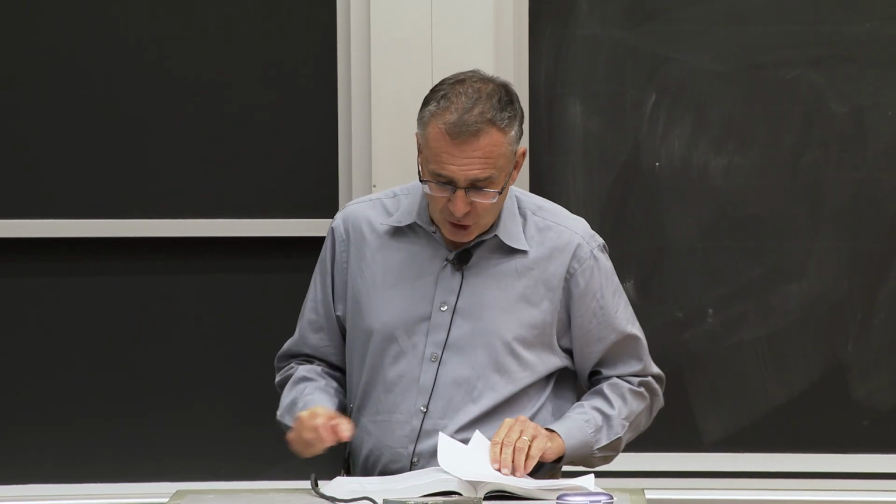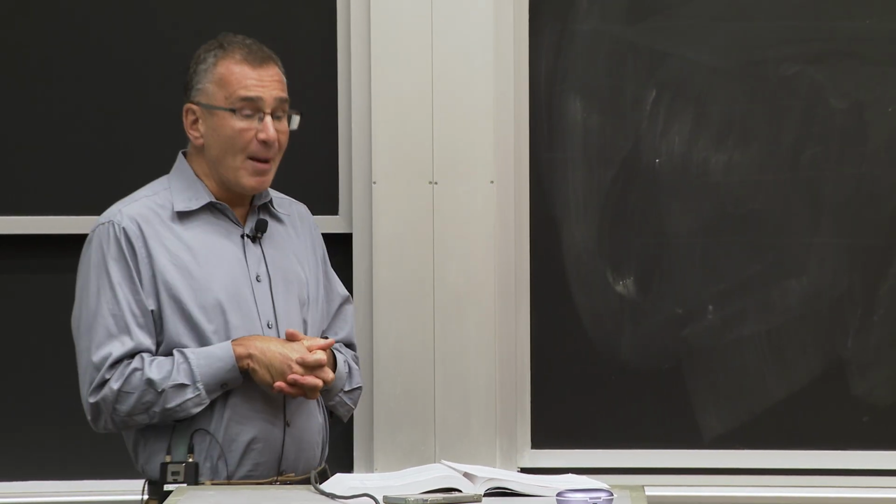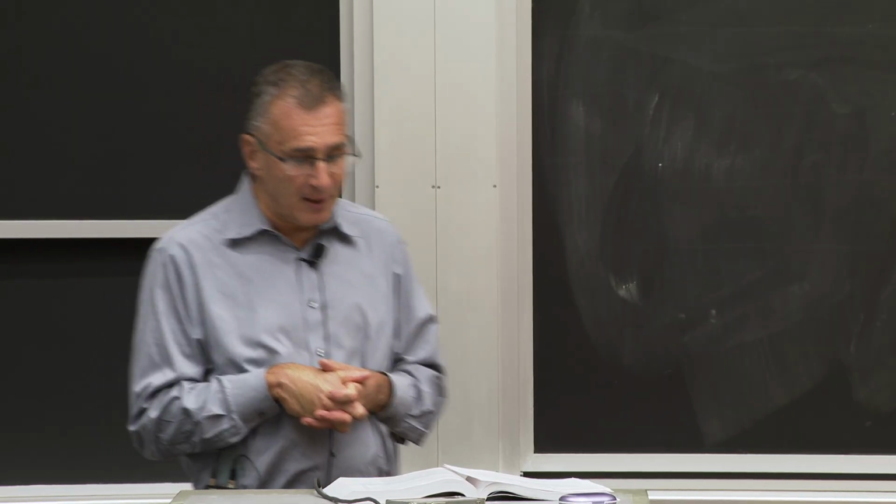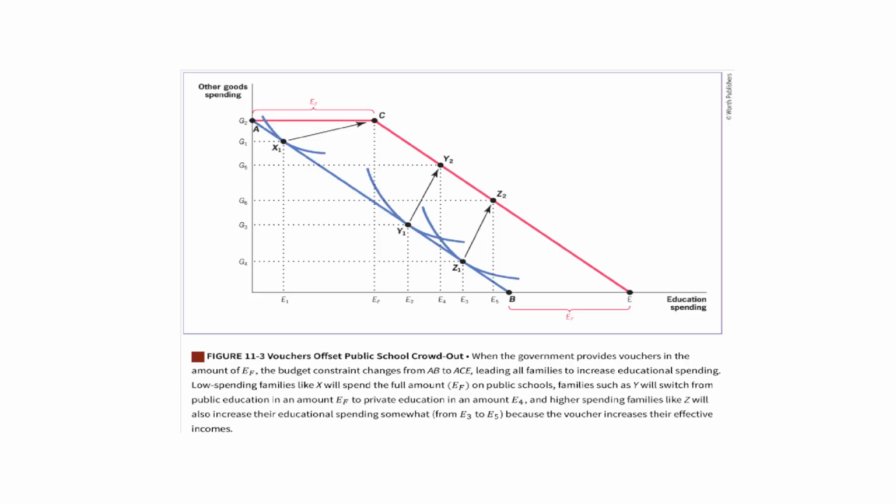What would that do to the budget constraint? Well, that moves the budget constraint to something like figure 11.3, where now there's still the same flat segment along the top, but now below that, the whole budget constraint shifted out. This is like the conditional block grant example from last lecture. So what happens is person X continues to go to C. They continue to get education.